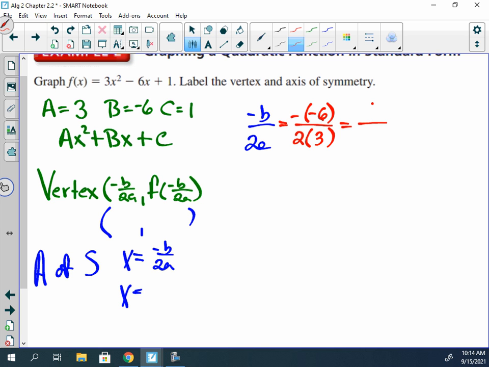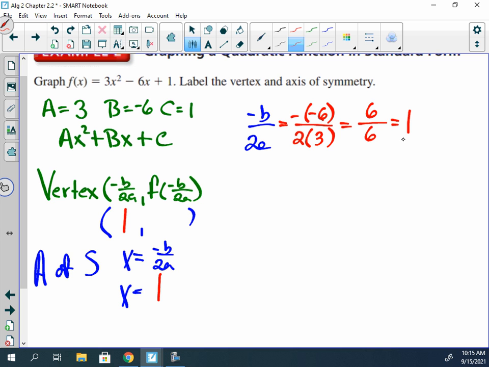Negative and negative make a positive, so it's just going to be 6. 2 times 3 is? 6 divided by 6 is? So the x value of the vertex is 1. What about the axis of symmetry? 1. Negative b over 2a is 1. Okay. Any questions on this so far?